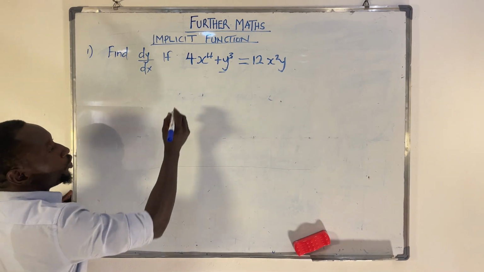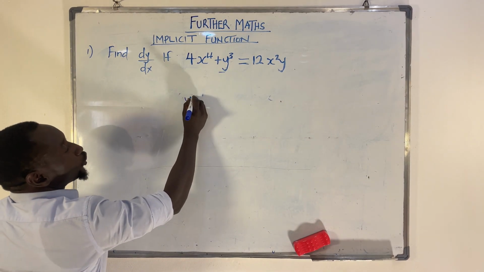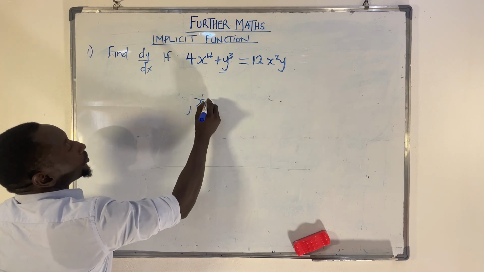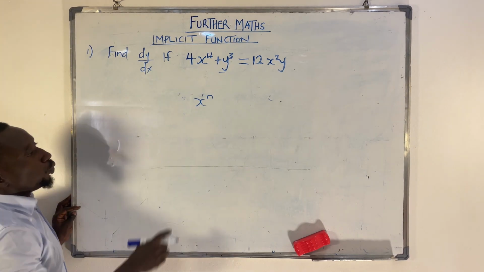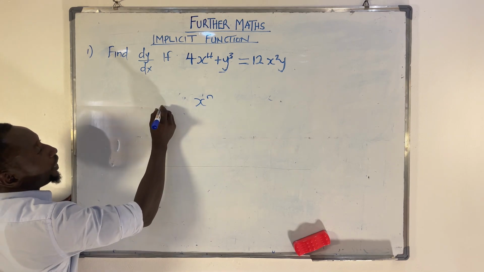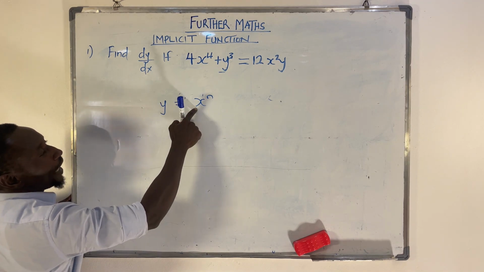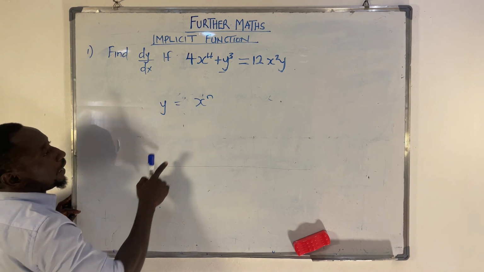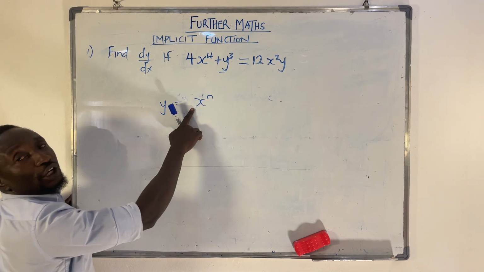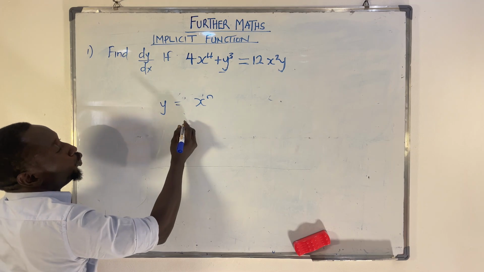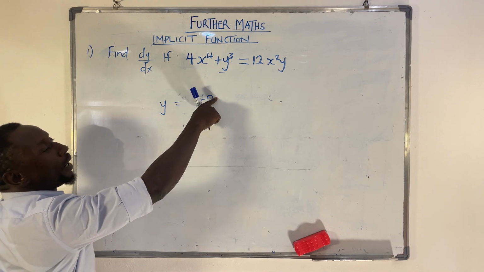Now, always remember, if you are given a function y equals x raised to power n, and you are asked to differentiate with respect to x, anytime you differentiate a term, the power will multiply the coefficient of x, and then you subtract 1 from the power.